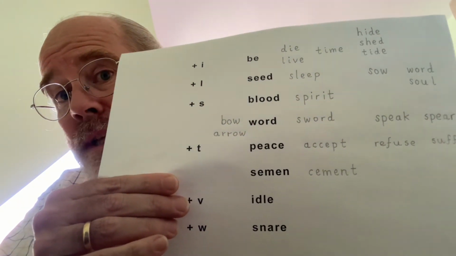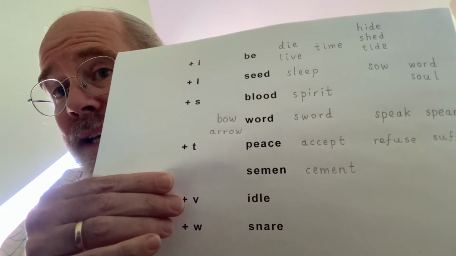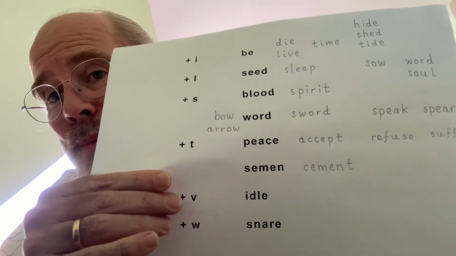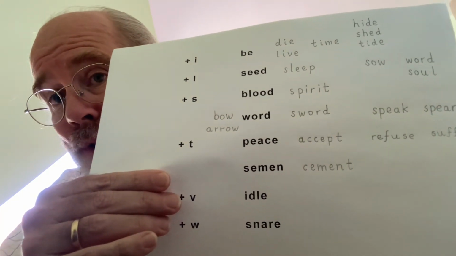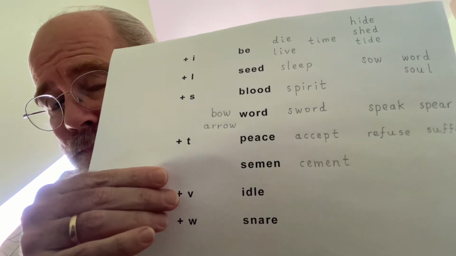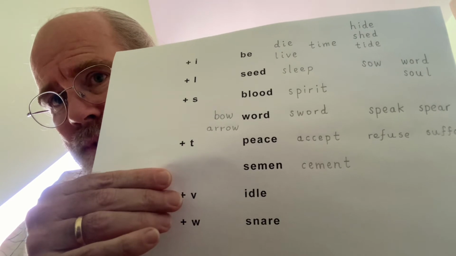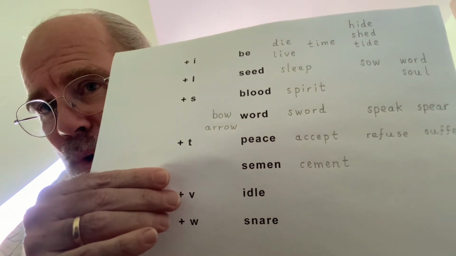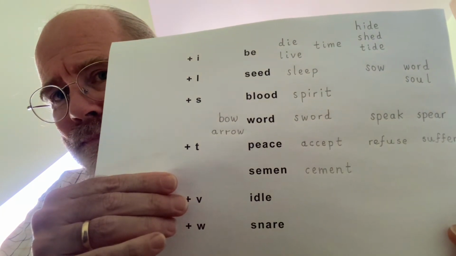Their etymologies are completely different. Semen is from the Latin serere, to sow. Cement is from the Latin caementum, quarry stone, caedere, to hew, to cut. But their meaning is close, and this is what has brought about the connection between them.